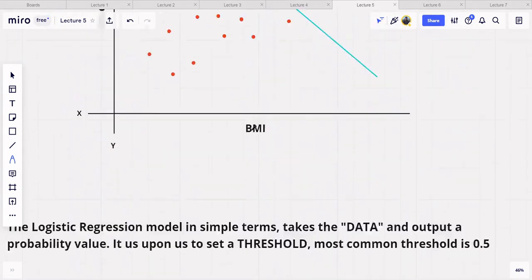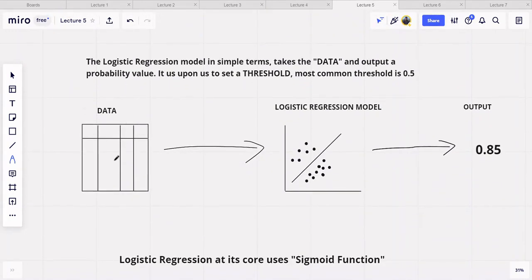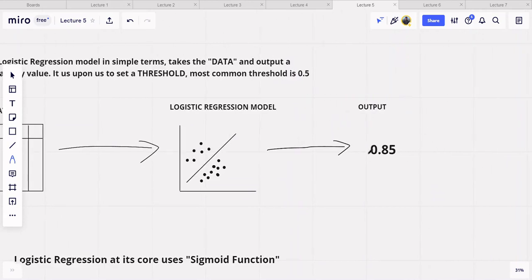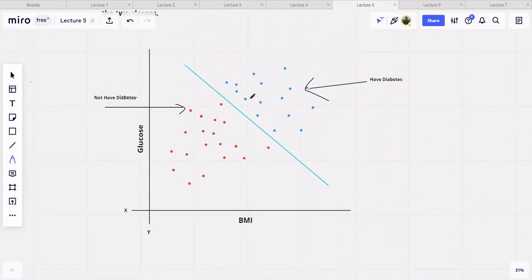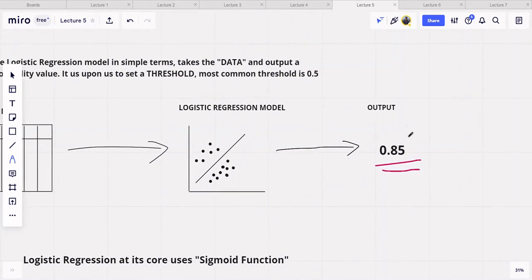Here, if we gave the data about the patient to the model, it will output a probability value. This probability value is the probability of the sample belonging to a particular class. Since we are trying to predict if a person has diabetes or not, this value will represent the probability of a person having diabetes.